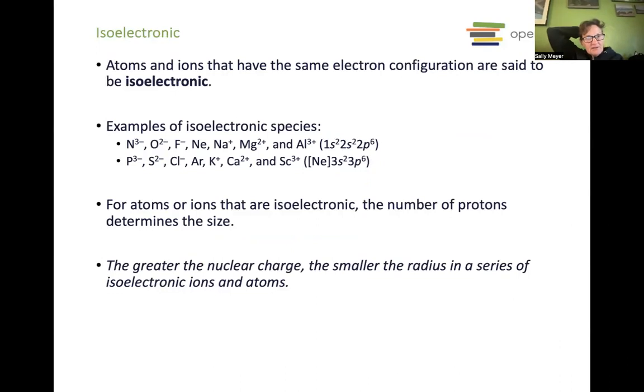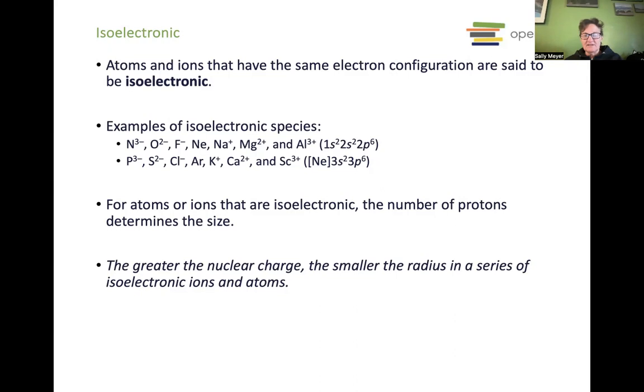So if things are isoelectronic, isoelectronic just means atoms and ions that have the same electron configuration. And so examples are given here. If you look at these on the periodic table and look at the anions with added electrons and the cations with electrons taken away, in that first row, they all end up having the electron configuration of neon.